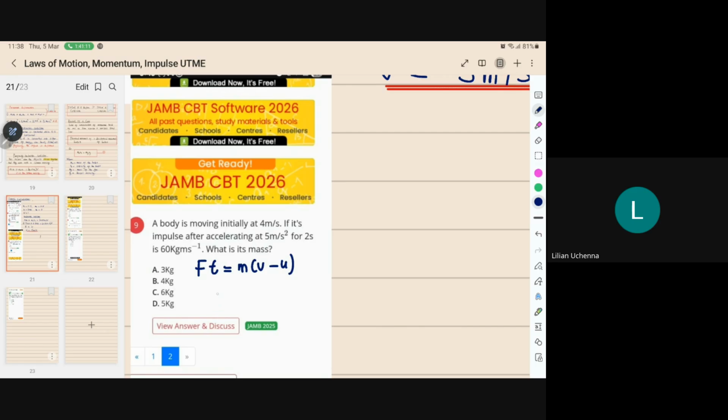So now they've given us key things: u is equal to 4 meters per second, Ft is equal to 60, the time is equal to 2 seconds, and a is equal to 5. They asked us to find m.